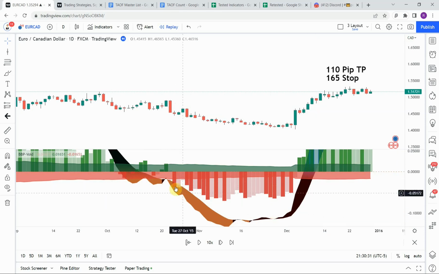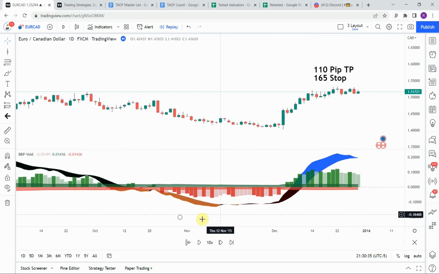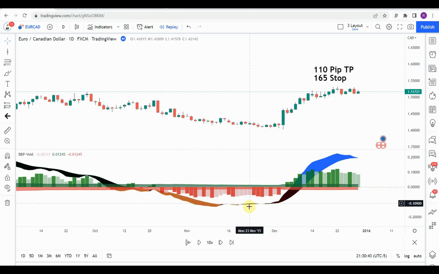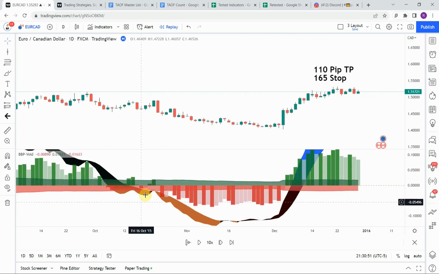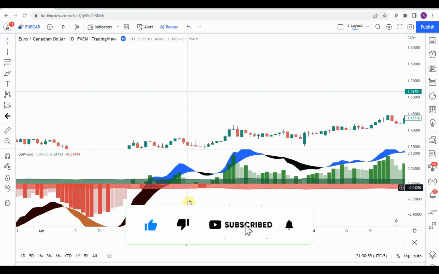If I squeeze this back in a little bit, you can see this ribbon goes from a brown, bronze type color into a black color, and then into a blue color here. That's the ribbon giving us the direction, a confluence of direction into the trend.